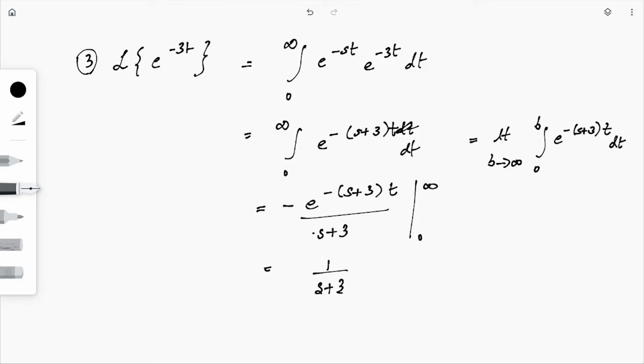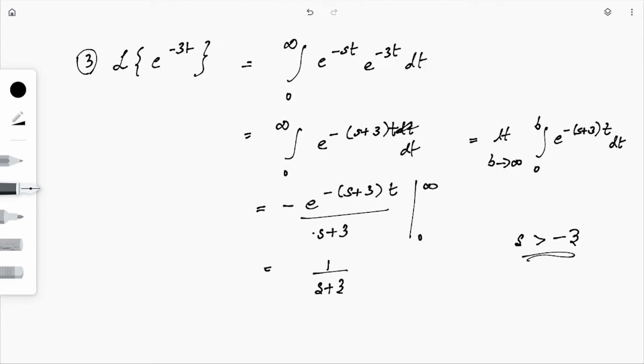So both these are same, so this limit should exist, and for this limit to exist, s must always be greater than minus 3, because s plus 3 must be greater than 0, right? That is the only possibility when this limiting value exists.